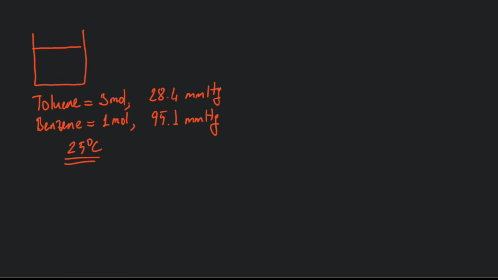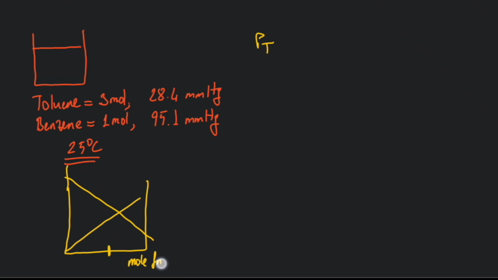I want to calculate the total pressure, for instance. So we are something like here. This is the mole fraction part. I have to find the point in here. How can I find it?